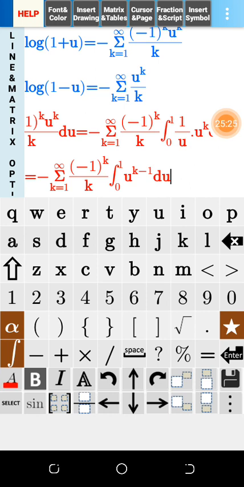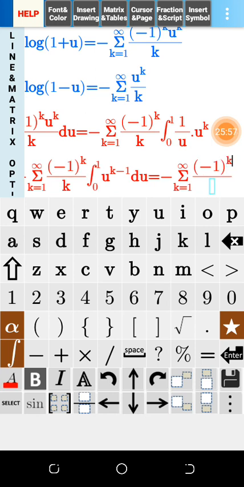So this will now be equal to minus the sum of k starting from 1 to infinity of (minus 1) raised to the power of k over k.